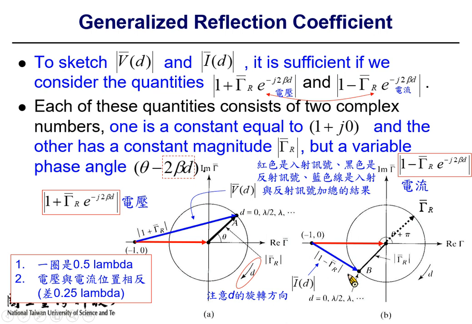So the locus of the total of the reflected voltage and reflected current will trace this black circle in a period of half a wavelength. And we know that the voltage and current will appear on opposite side of this circle. And the location difference will be a quarter of wavelength.